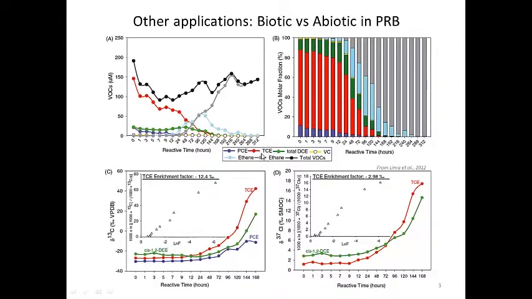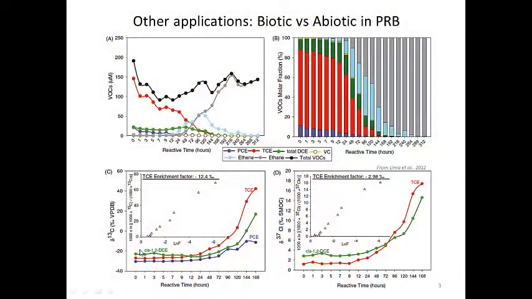So we have a production of cis-DCE from TCE, and then some ethene, and then some ethane. At the bottom you can see the stable isotopic composition for carbon and for chlorine.